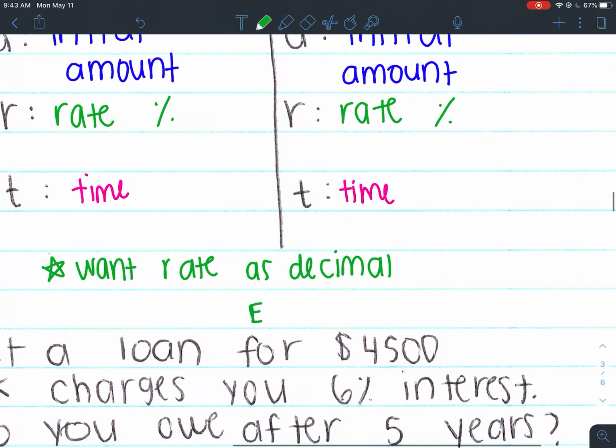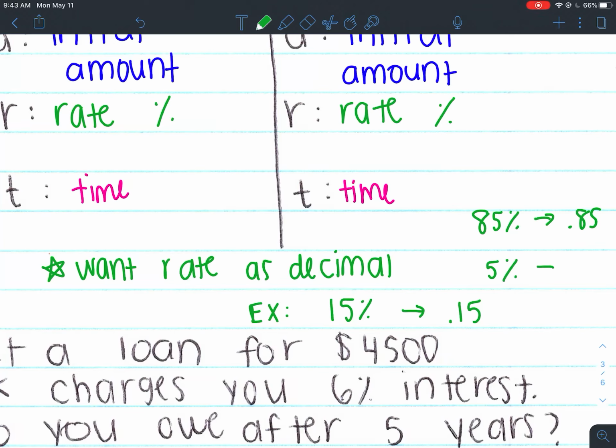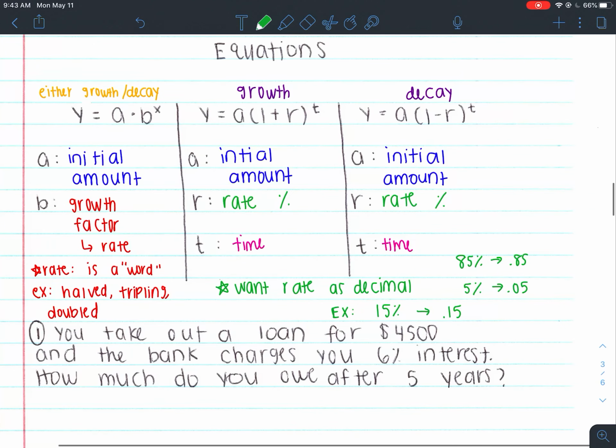For example, if something is decreasing by 15% every month, 15% as a decimal is 0.15. If something is 85%, that's going to be 0.85. If something is 5%, it would be 0.05. So you basically move your decimal place over to the left.